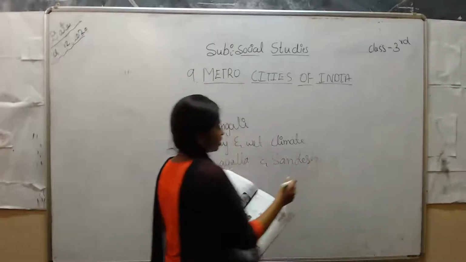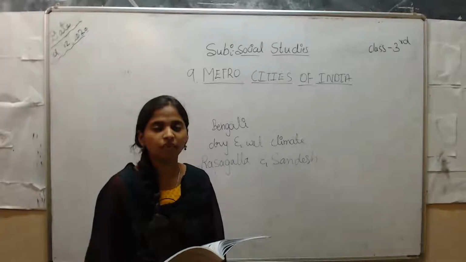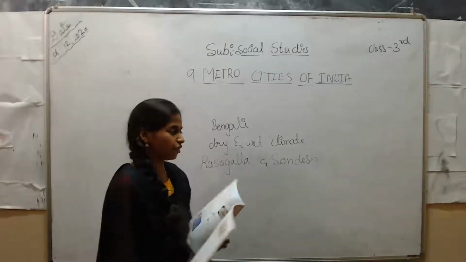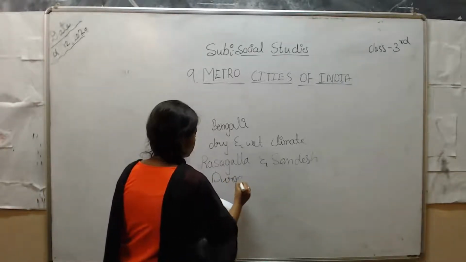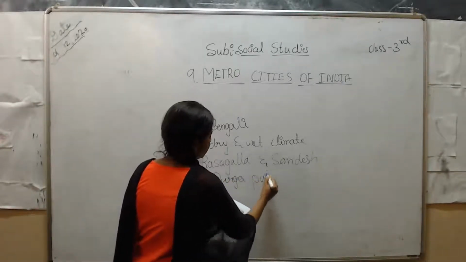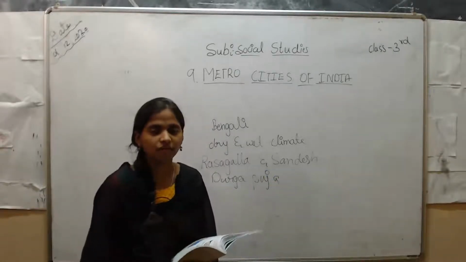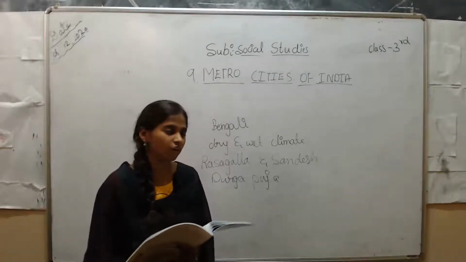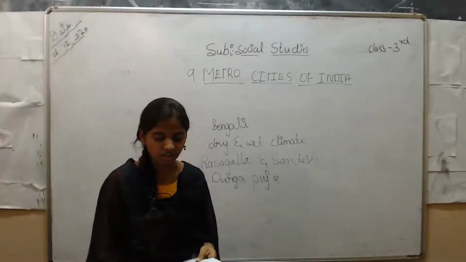These are the two major sweets famous for this city, and here they celebrate Durga Puja as the biggest festival. Durga Puja is done during Navaratri, Dasara, and during this period it is celebrated very grandly in Kolkata.